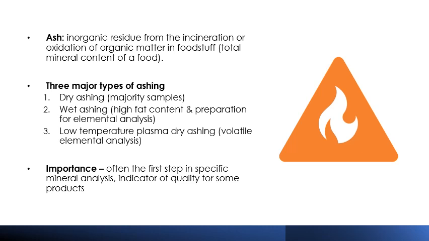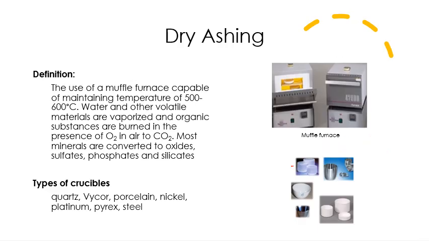So ashing is the first step in specific mineral analysis. It can also be used as an indicator of quality for some products. Dry ashing, which is one of the official methods for ash analysis, is performed using a muffle furnace that is capable of maintaining temperature up to 600 degrees Celsius.